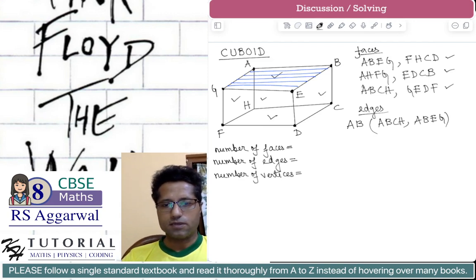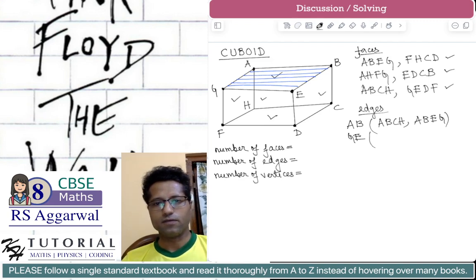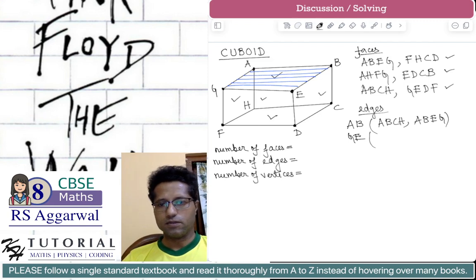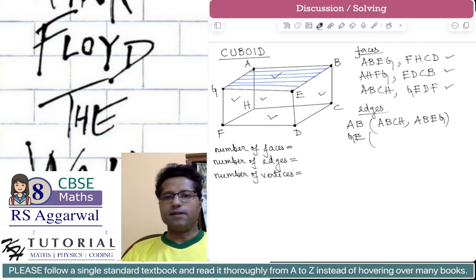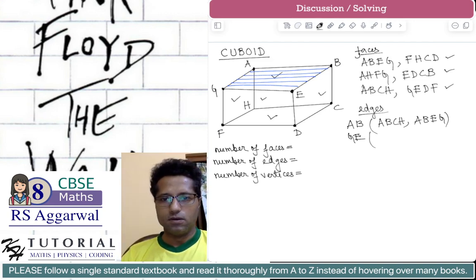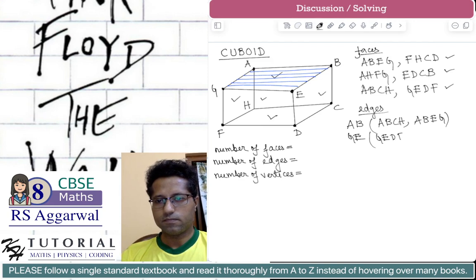Okay, let's consider the edge GE, and let's try to see what are the two common faces that meet at this common edge GE. So the first one will be GEDF, and the second one will be, of course, ABEG.